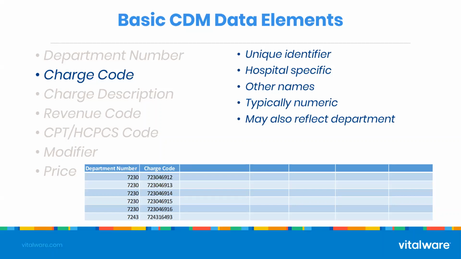So perhaps with Epic, where you build the charge one time and it may be used by 7 departments. Each of those departments uses that same charge code, and then you're able on the back end to see who generated the charge. So it may not necessarily be specific to a particular department number.